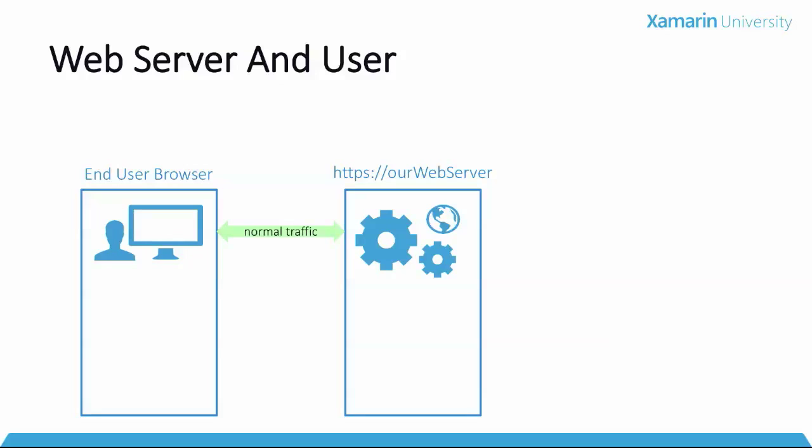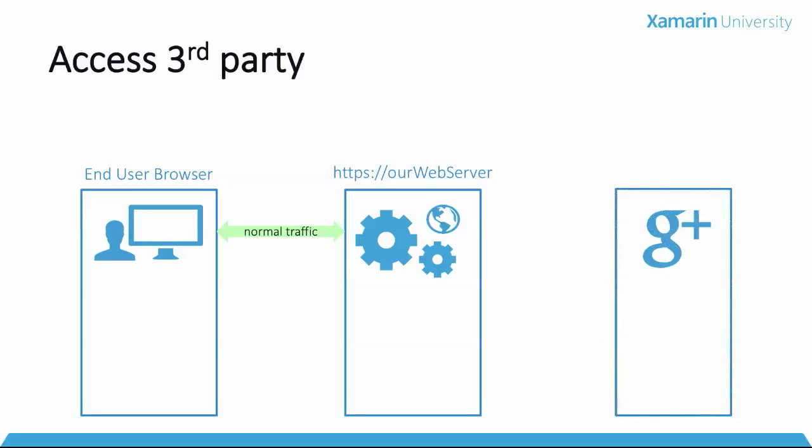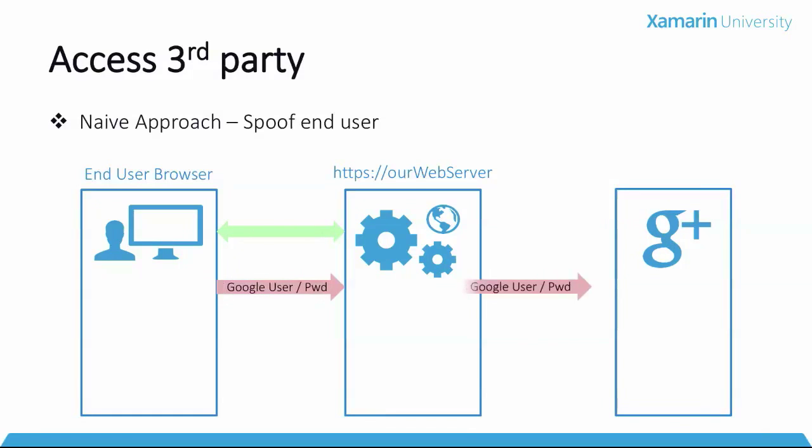And so a naive approach might be to access this third party, and we'll use Google as an example for the rest of this lecture, but to access this third party by taking the user's username and password and then spoofing the user to Google and just pretending to be the user while talking to Google servers.